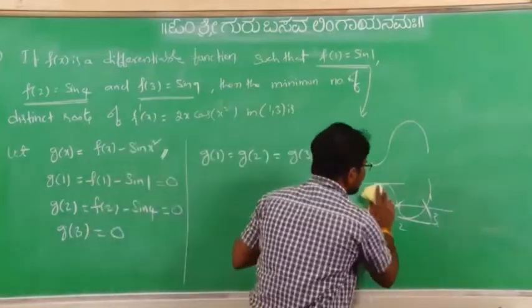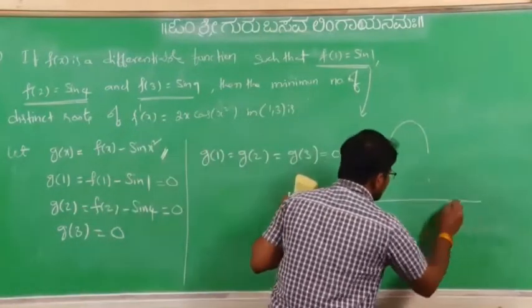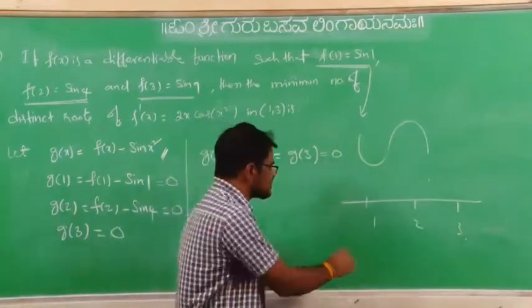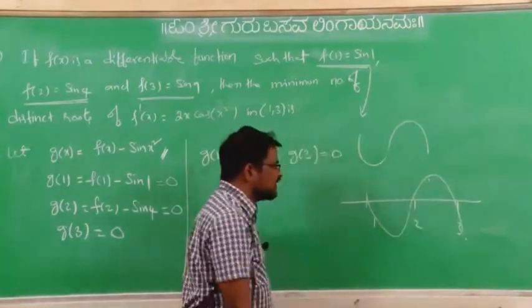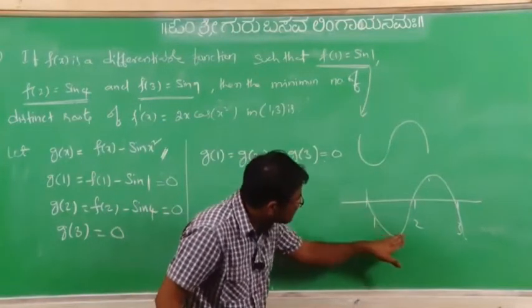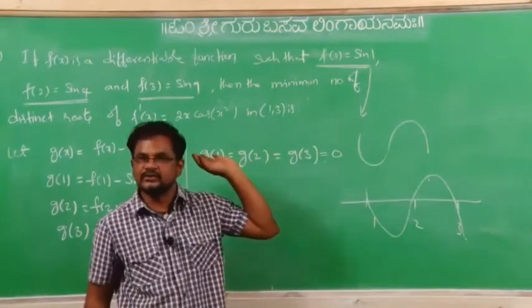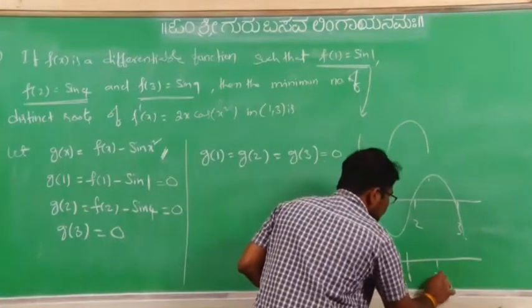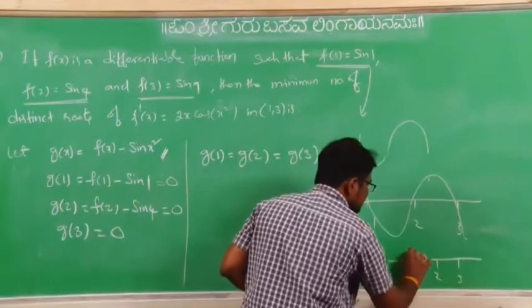So at these 3 points the function is 0, so the graph should be like this only, or not? Because the function is 0 here and again 0 here, definitely it should take one U-turn. Otherwise like this also.